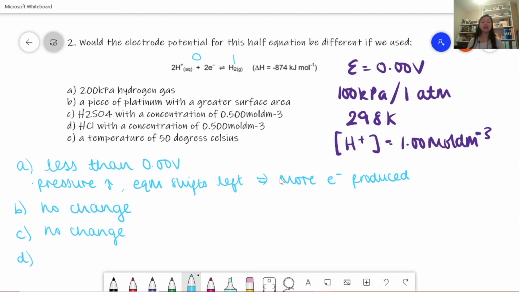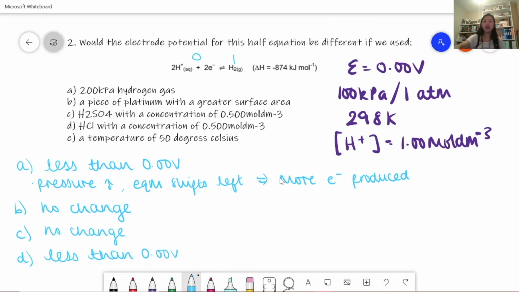So for D, if we use hydrochloric acid with a concentration of 0.5 moles per decimetre cubed, if we look back at the equation, we now have a smaller concentration of H plus ions, that means that the equilibrium will produce more of the H plus ions, and so it favours the back reaction, and so the equilibrium shifts to the left, so the potential would also be less than 0.00 volts.